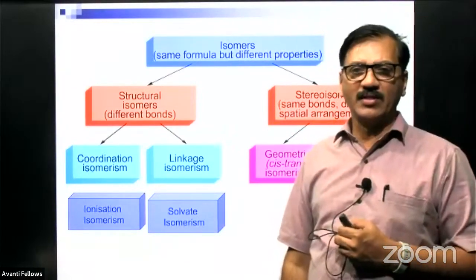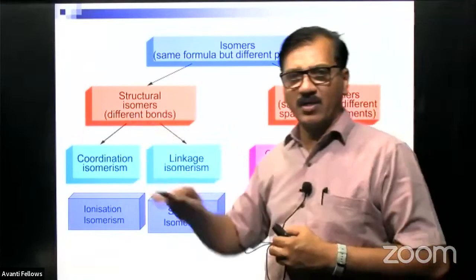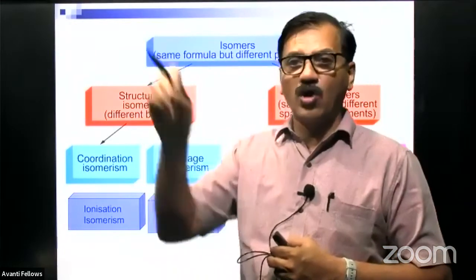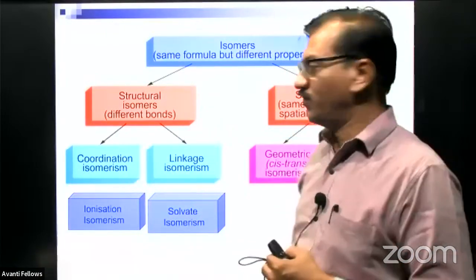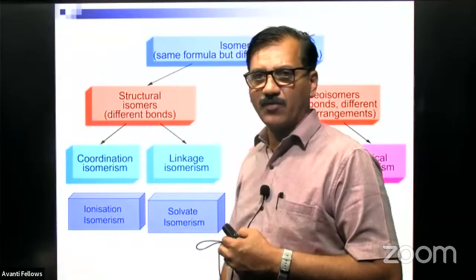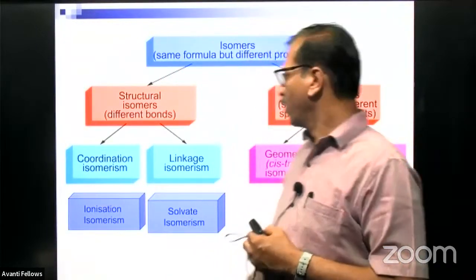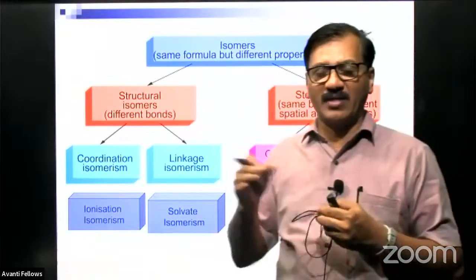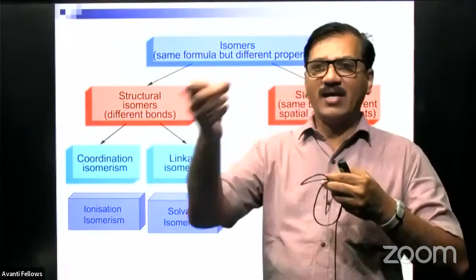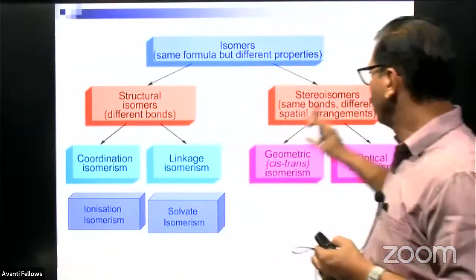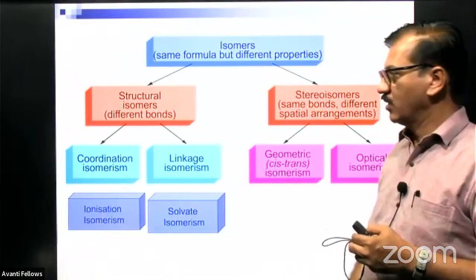What is the difference between these two? Structural isomers have different bonds within the molecule. Because the bonds are different, they are structurally different, therefore structural isomers. But in stereoisomers, their spatial arrangement is different; how they are arranged in three-dimensional space is different.